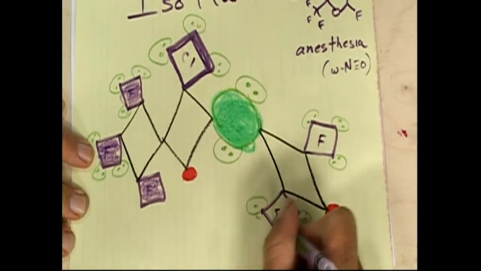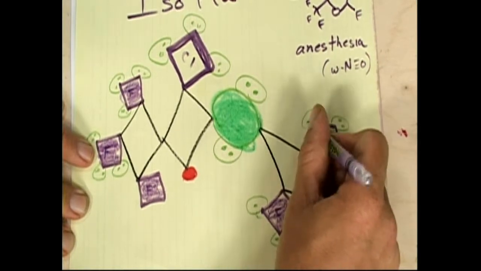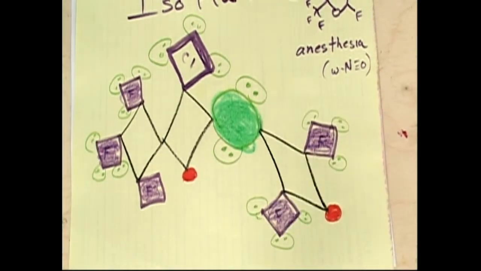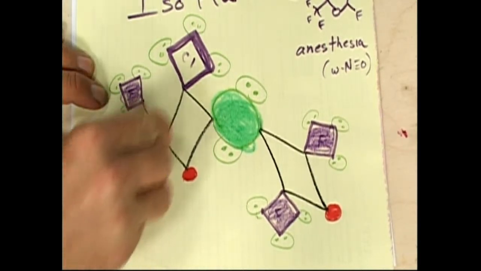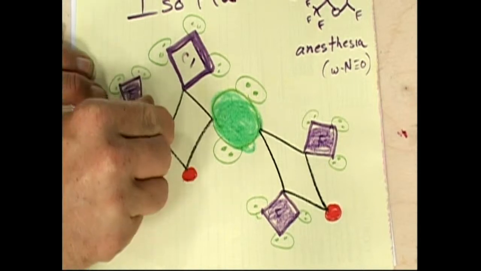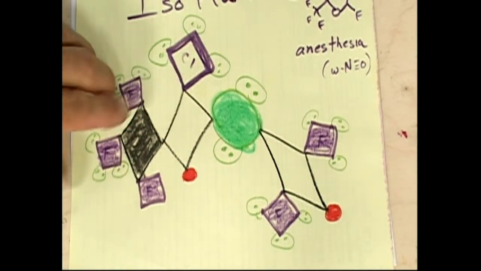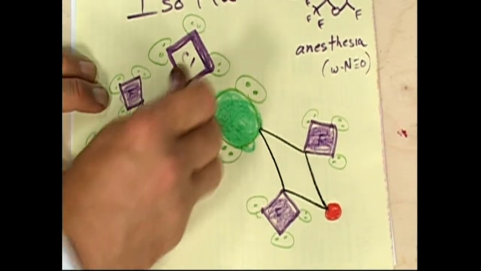Because chlorine is greenish. Let's see, we've got and 1s I think were brown, aren't they?